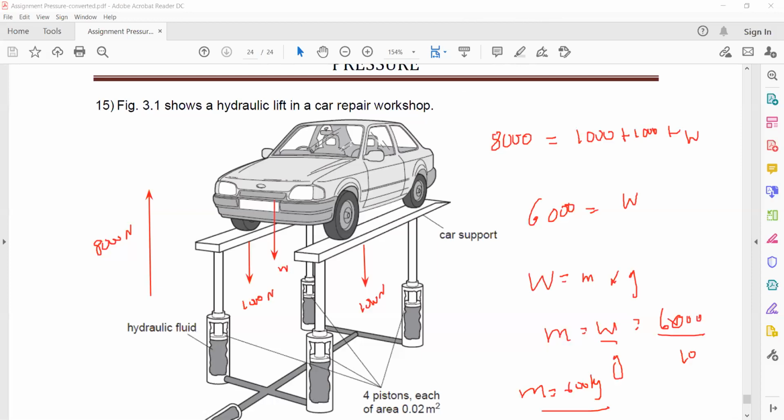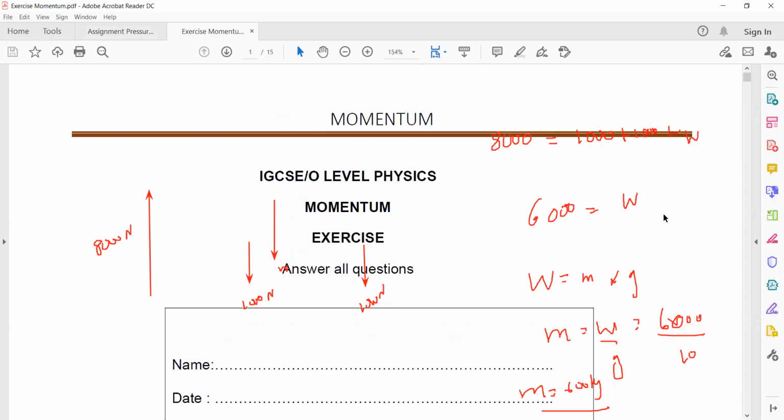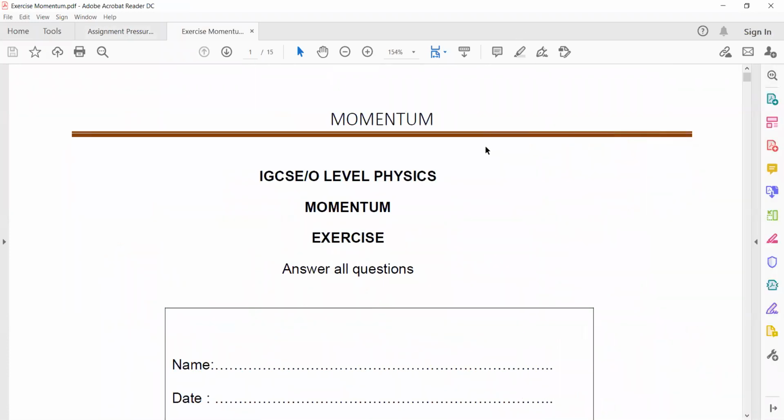Is it clear, this example? This was a weekly homework exercise, momentum.